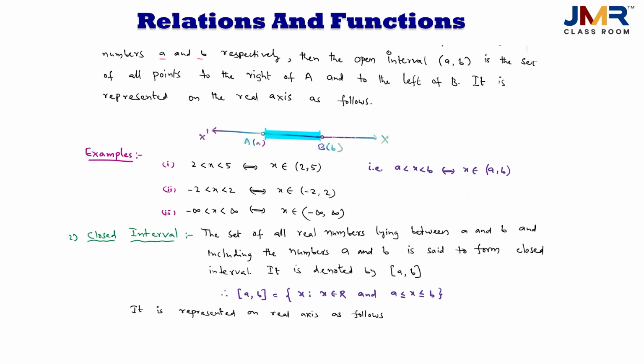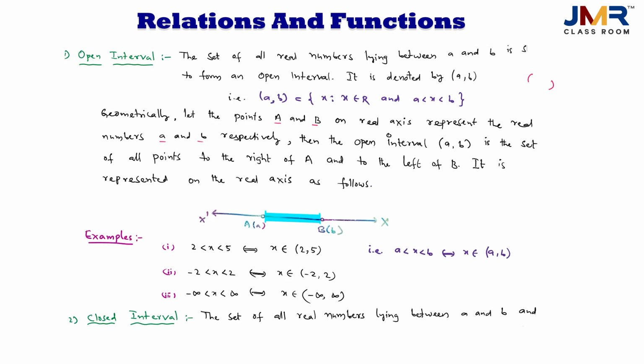Suppose this is the real x-axis, x' to x. This portion between a and b is called (a, b). So a < x < b, x belongs to (a, b).